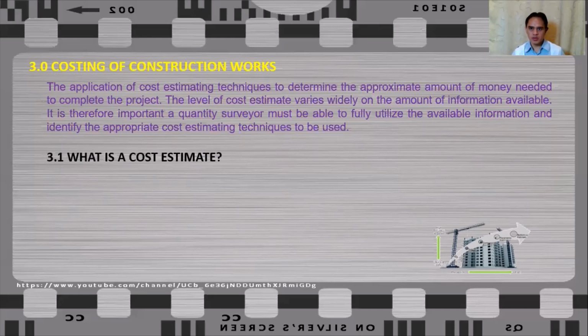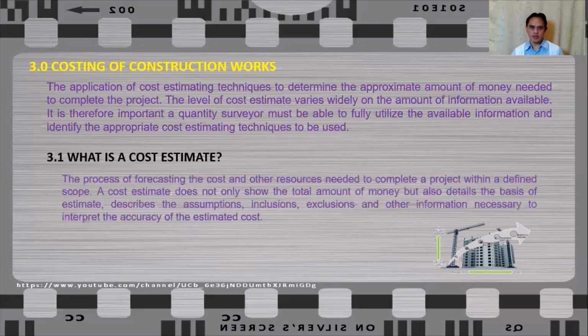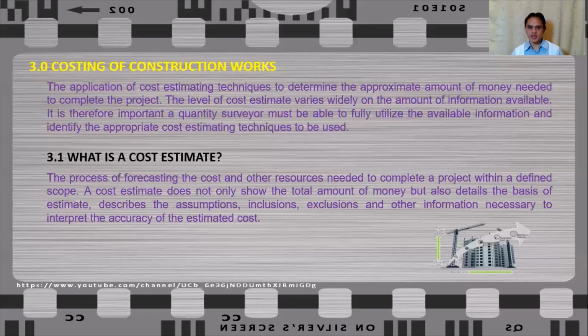Now we are talking about cost estimate. It is also important to understand what a cost estimate is. And a cost estimate is defined as the process of forecasting the cost and other resources needed to complete the project within a defined scope. So a cost estimate does not only show the total amount of money, but also details the basis of estimate.